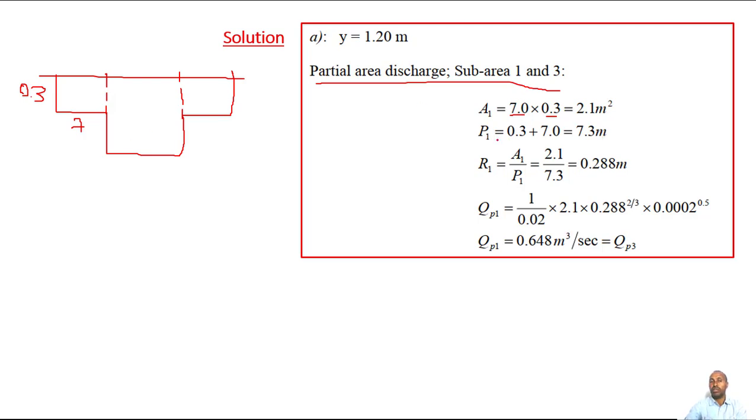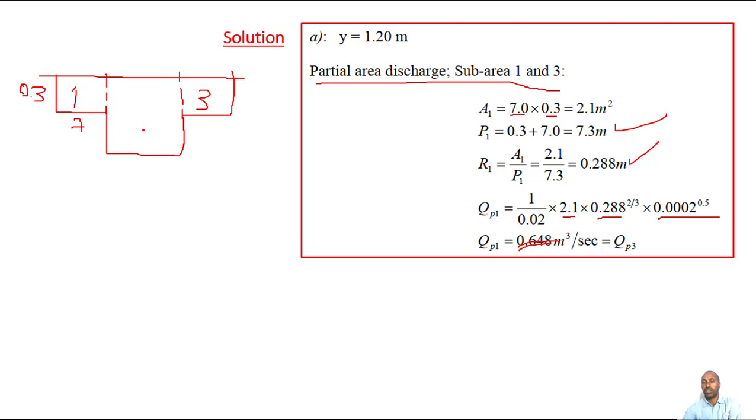So P1 is 0.3 plus 7, only the boundary of the channel, and the interface should not be included. So 7.3, and R1 is A1 over P1. Then discharge should be computed for this region and this region. They are equal. So 1 over n, A1, R to the 2/3, S to the power of half, and you get 0.648 meter cube per second for this region and for this region.